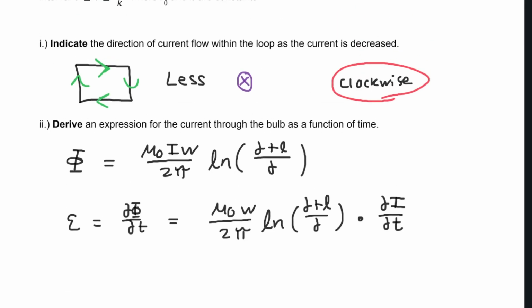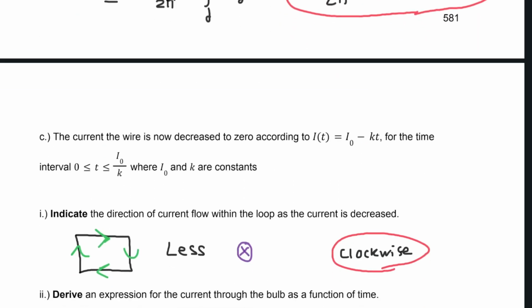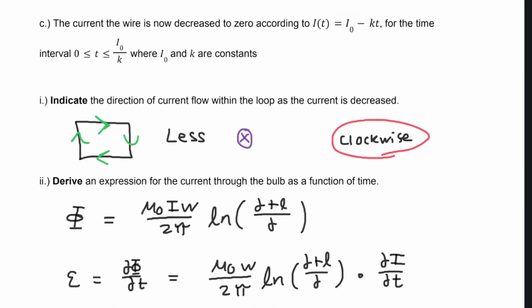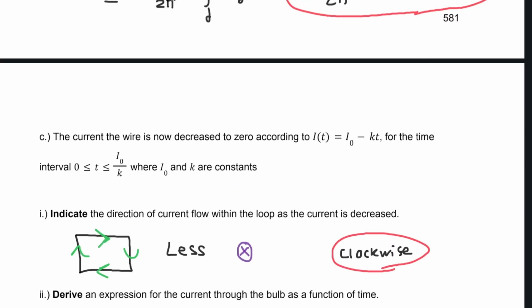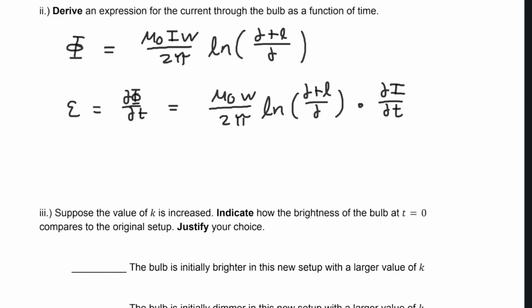And notice that we're actually just having a linear decrease. So the current is just decreasing with a proportionality constant k here. So this means that this would be equal to k.